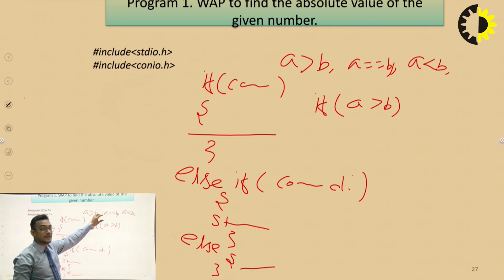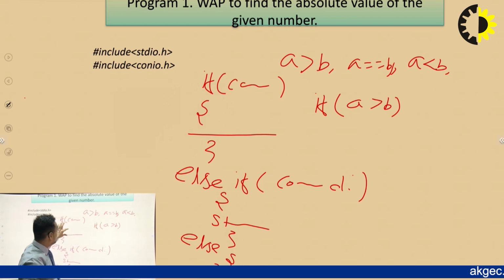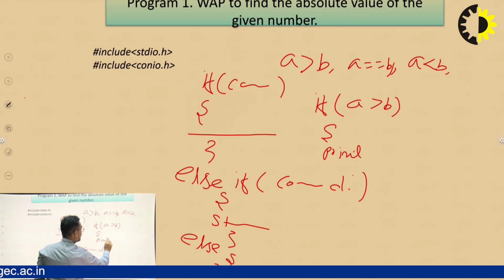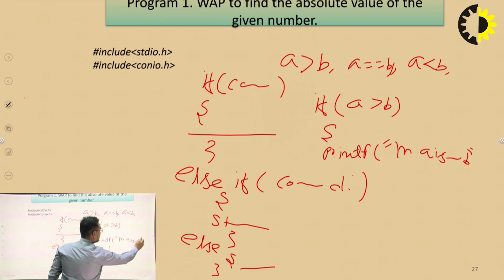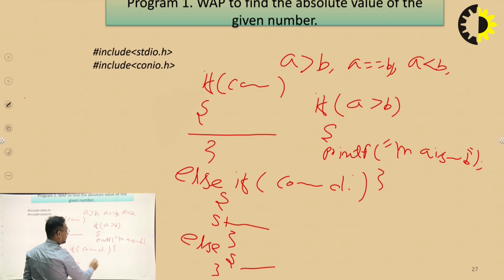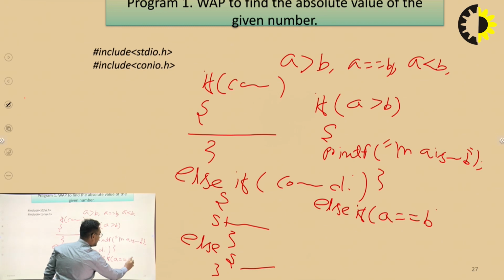The process is the same as before. Printf enter the first value A, then scanf A, then printf second number B, scanf B. When you have completed the two sections A and B, then go to the if section and use the condition A greater than B. Now write the statement: printf("\nA is greater than B"); now this one is closed. Now write else if A equal to B, then close.